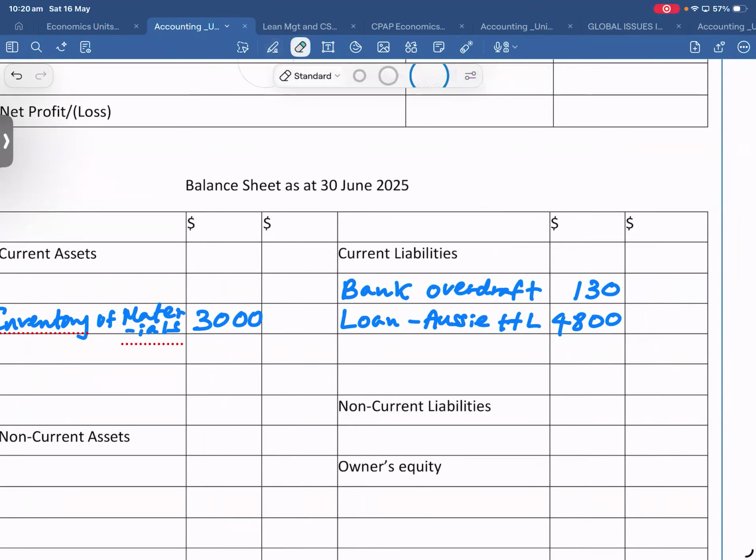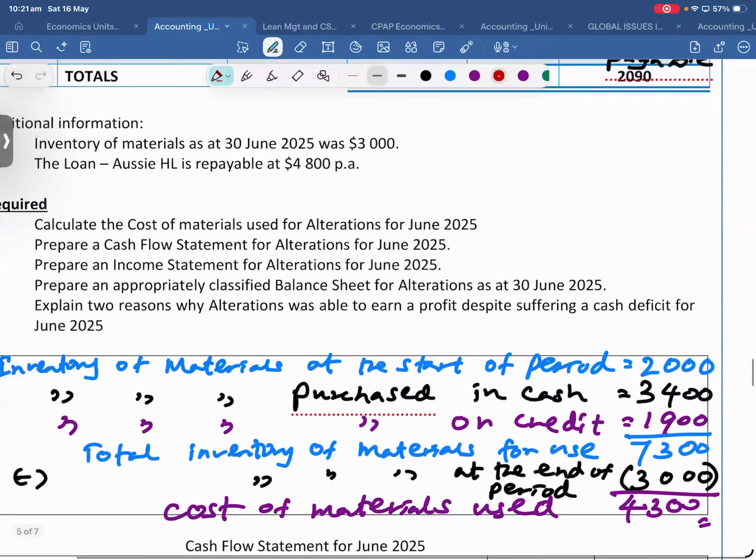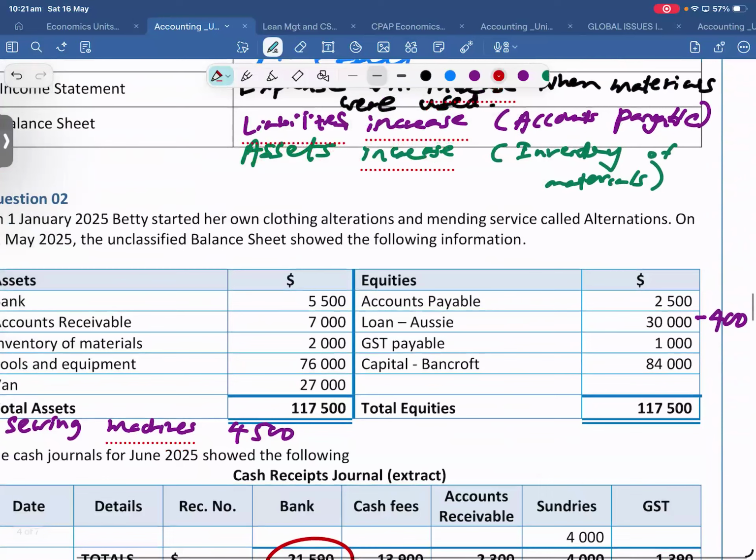Okay, now next one. Now have a look at this. We identified 4,800 from that. So 30,000 take away 400 is how much? 29,600. From 29,600, we subtracted 4,800. So what's the remaining? 24,800, yes.